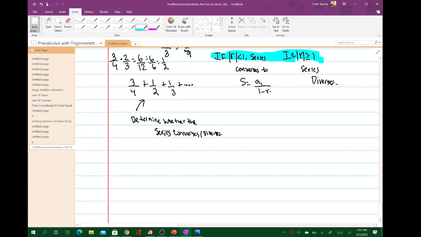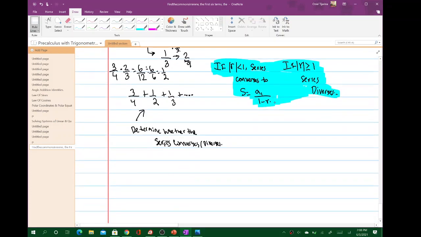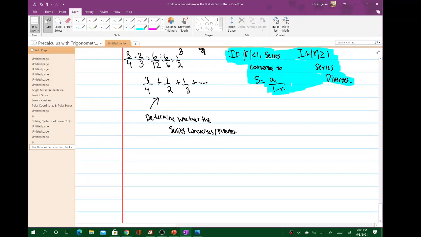I didn't go over this in the previous videos, but that's only because when I was in Precalculus, we didn't really go over convergence and divergence of sequences and series. You definitely go over this in Cal 2, and it gets even more complicated because they start introducing other types of series.